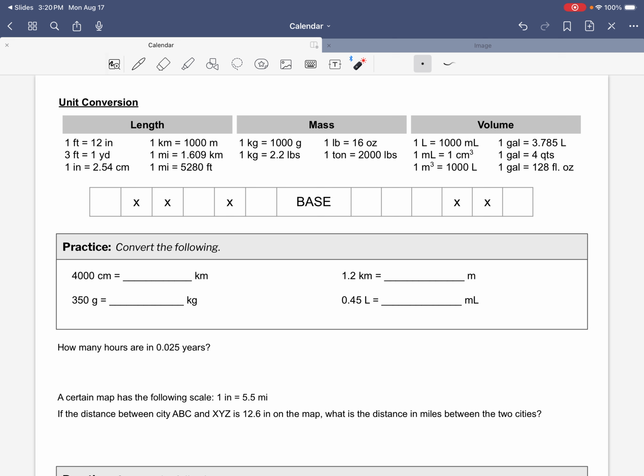I believe it's gallons to liters. What's nice about the metric system is that it's based on base 10. So we're really just moving decimal places to go among the different units, compared to the imperial system where you have to know that there are 12 inches in 1 foot.